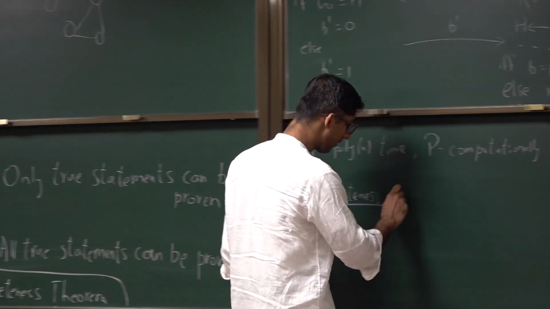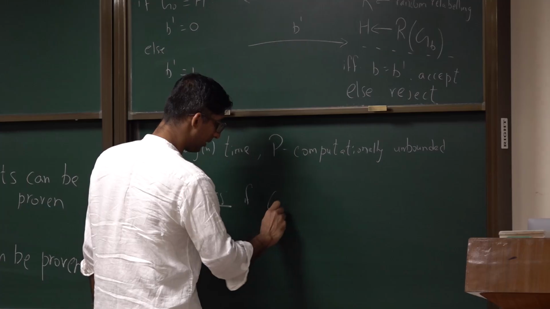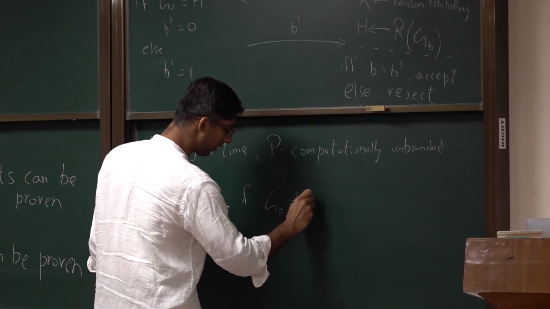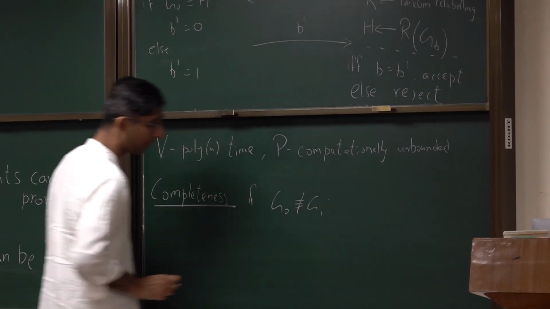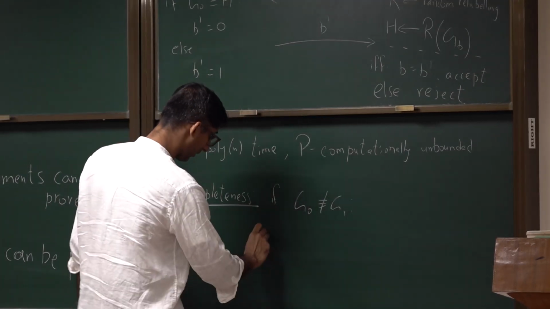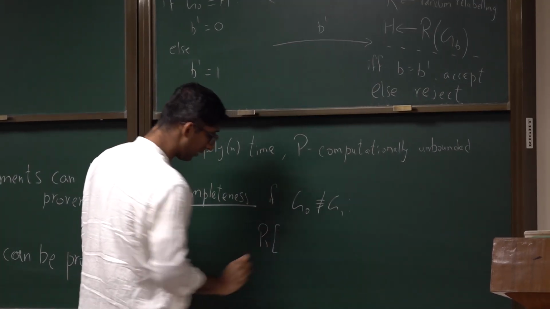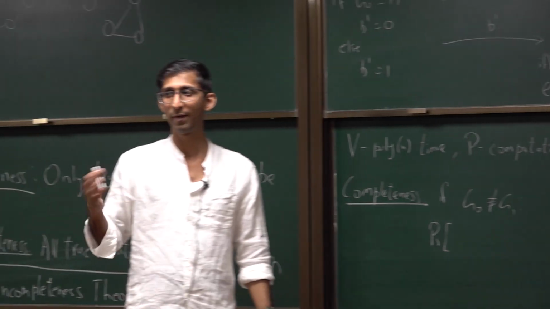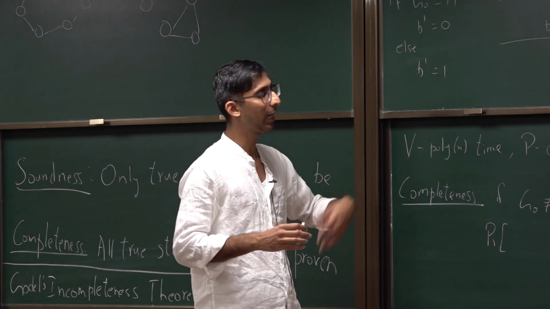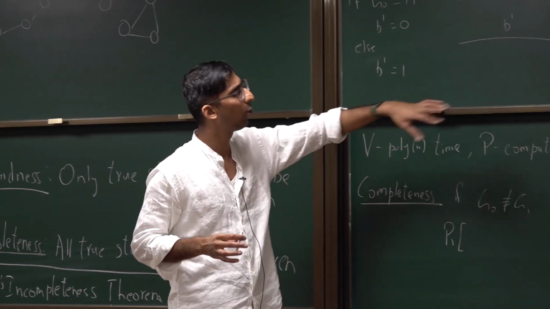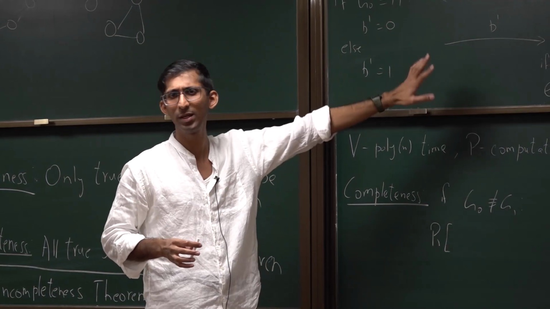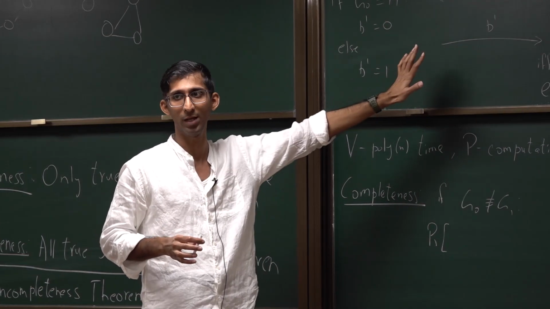I want to think of this in terms of the probability the verifier will accept, rather than just saying it will accept or reject, because the whole thing is a probabilistic system. So it only makes sense to talk about probabilities of events happening.